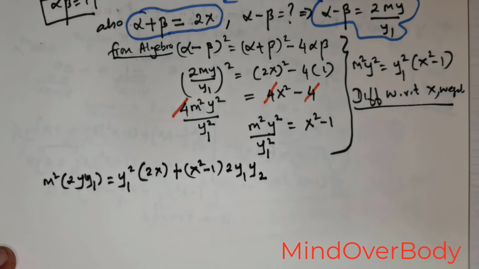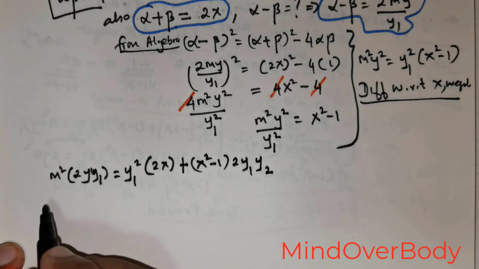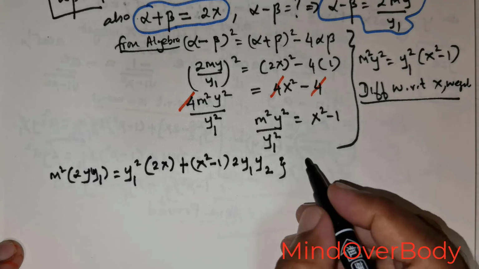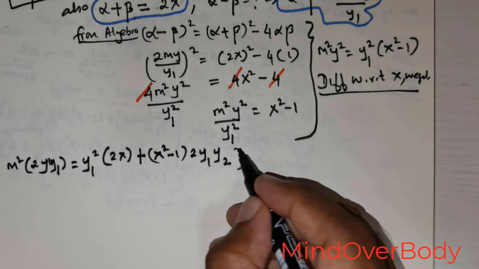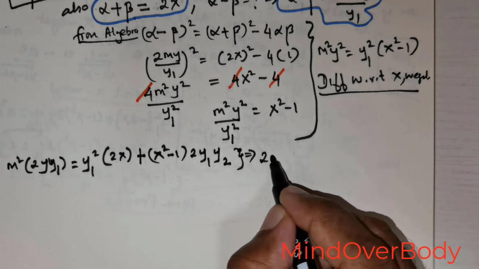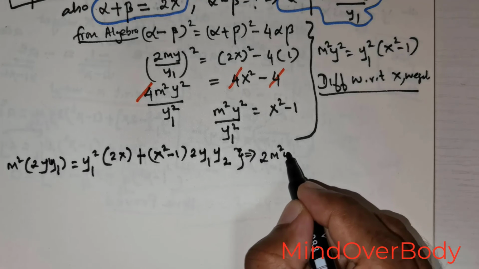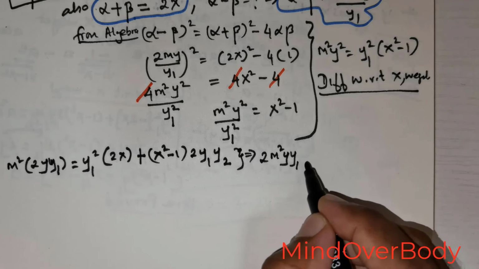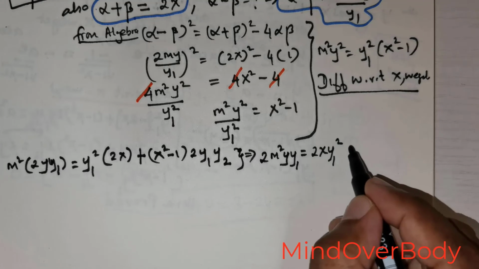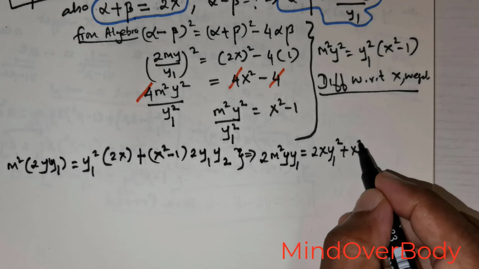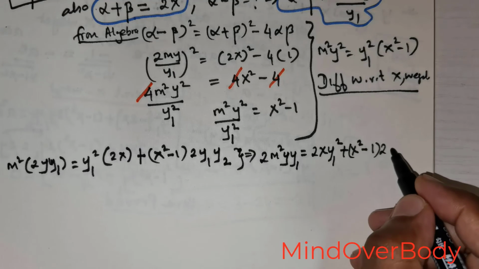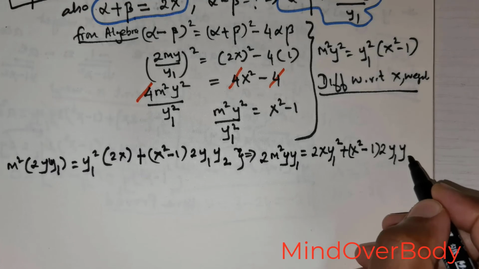So this is what I've got. If you want, you can rewrite this. So I'm going to rewrite this over here. This would mean I get 2 times m squared times y times y1 is equal to 2 times x times y1 squared positive x squared negative 1 times 2 times y1 times y2.